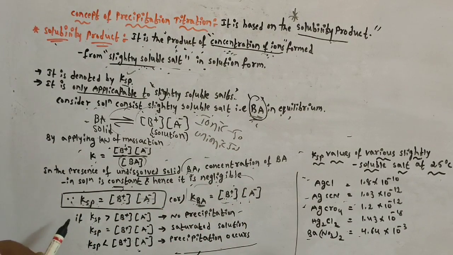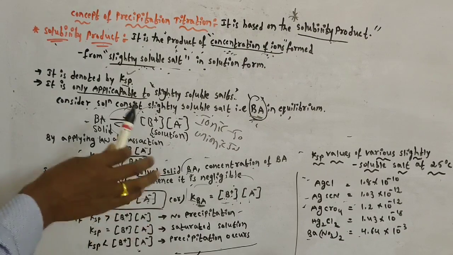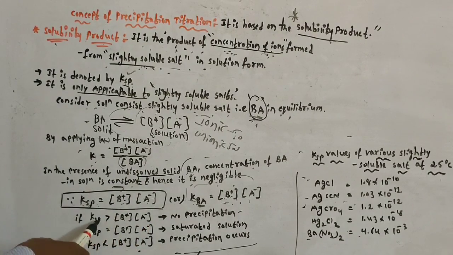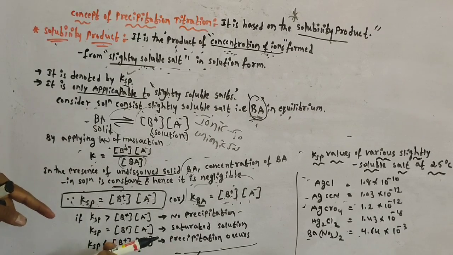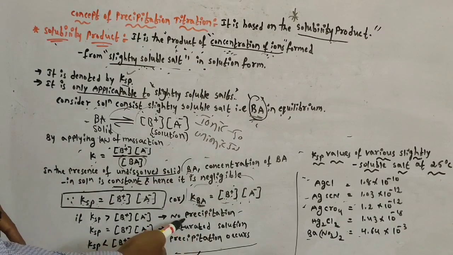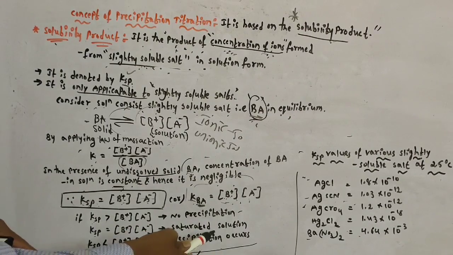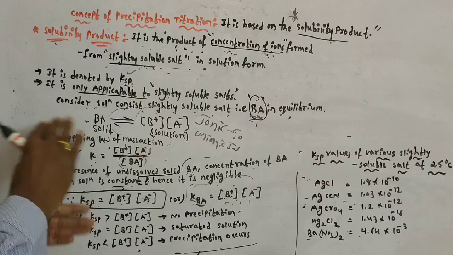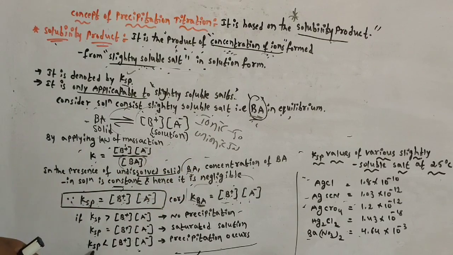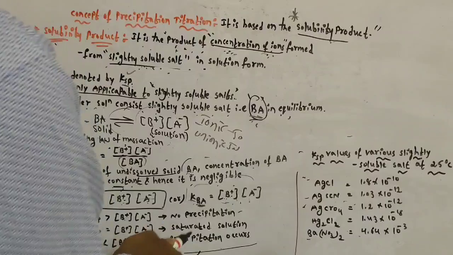And you see, if the solubility product Ksp is greater than the product of the concentration of ions, no precipitation takes place; there is supersaturation. If the solubility product is equal to the product of the concentration of ions, it is saturation, meaning both are equal. If the solubility product is less than the product of the concentration of ions, then precipitation occurs.